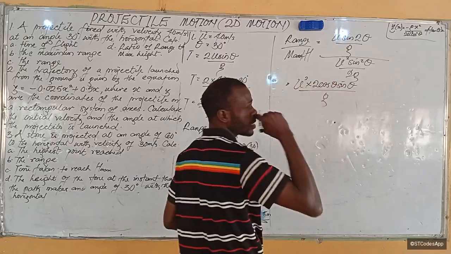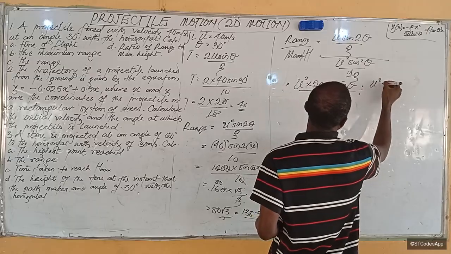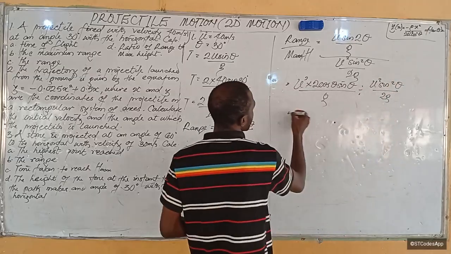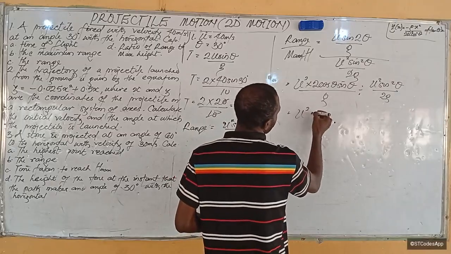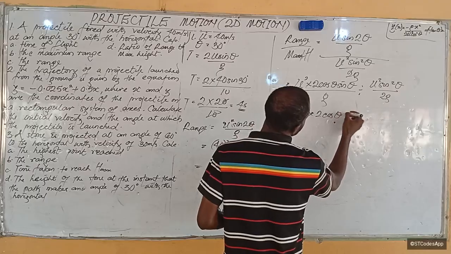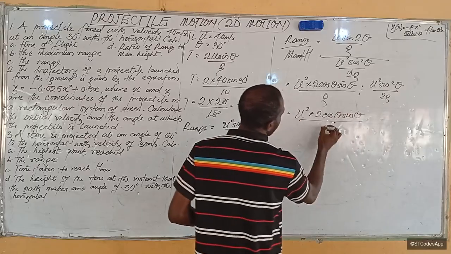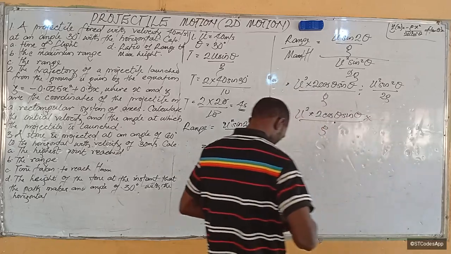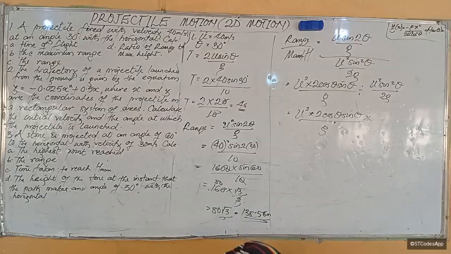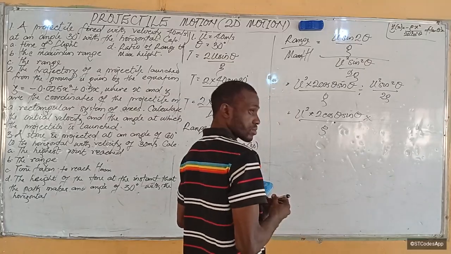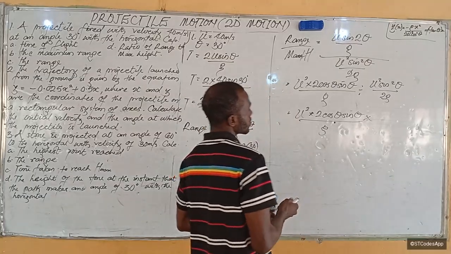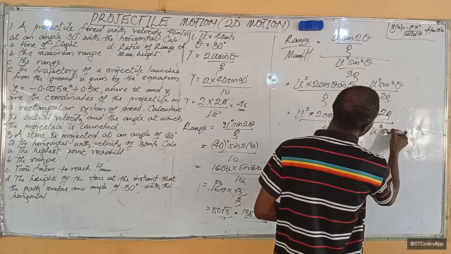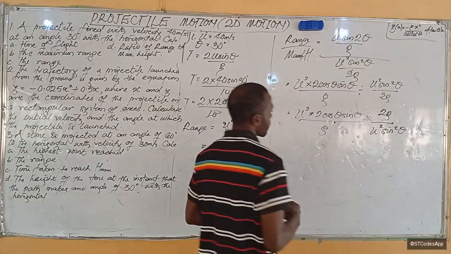So this becomes u squared times 2 cos theta sine theta over g, times 2g over u squared sine squared theta.